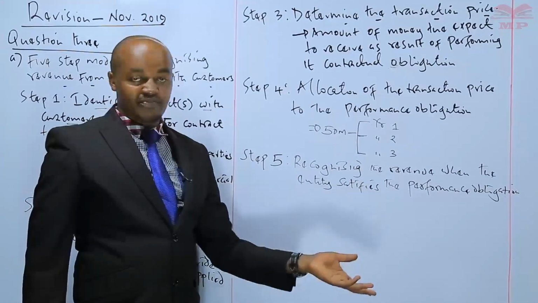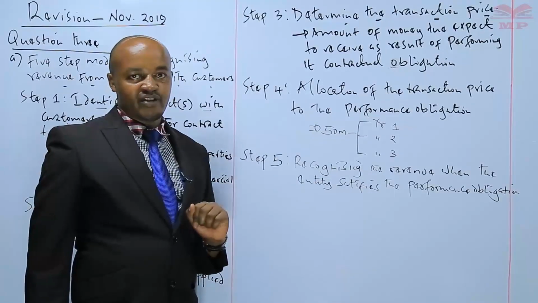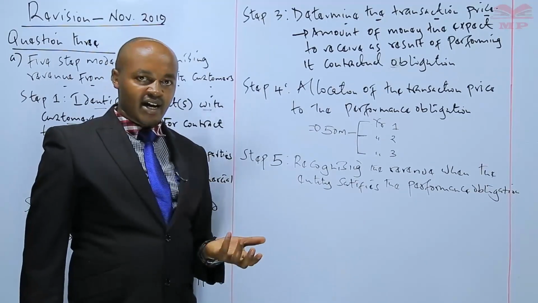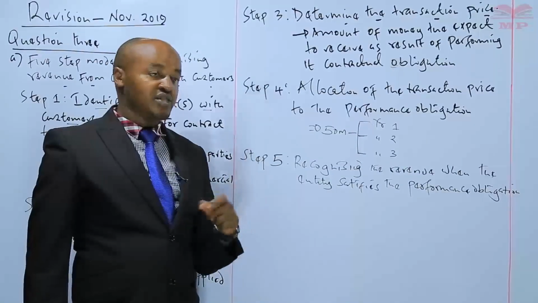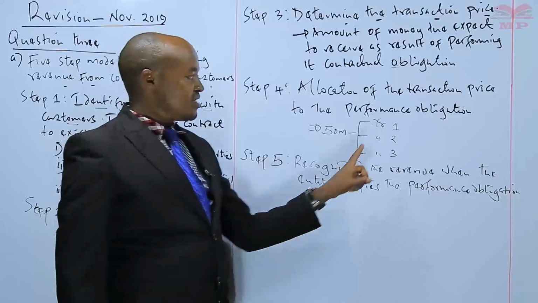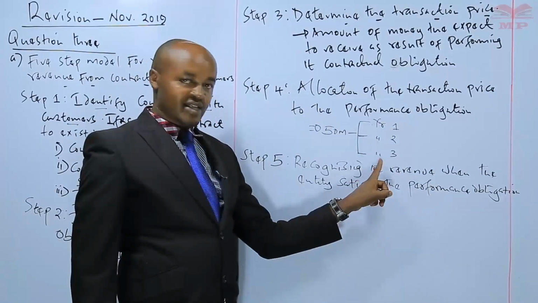So basically, using the example which I've given here, if there is a contract between a business and a customer, and in that contract the business expects to receive an amount of 50 million, and that 50 million will be received in respect of services which will be provided in year 1, year 2, and also in year 3.